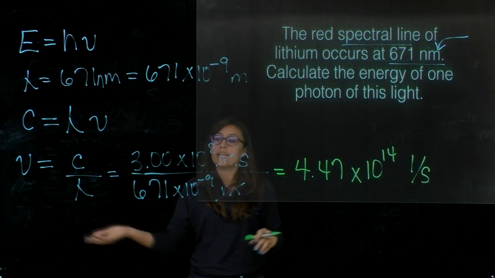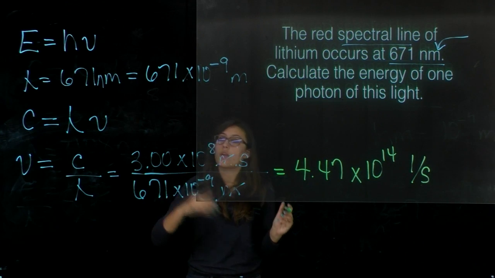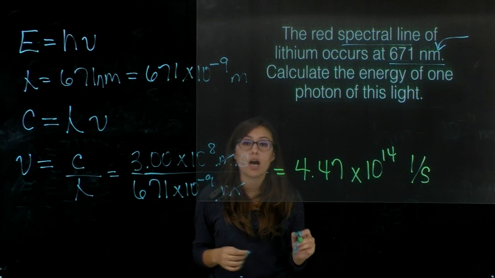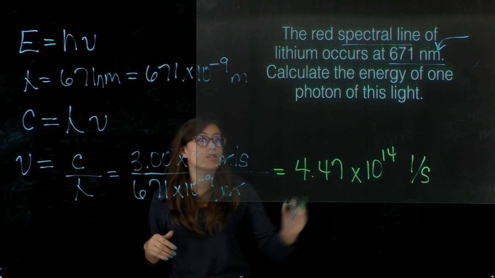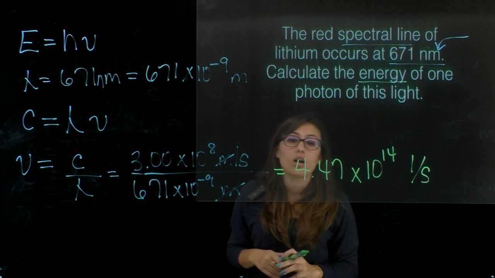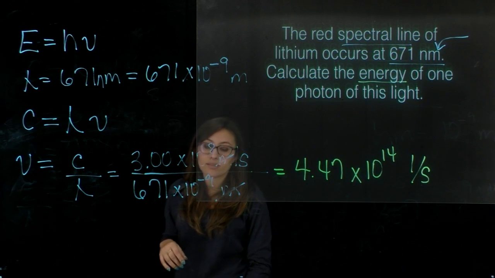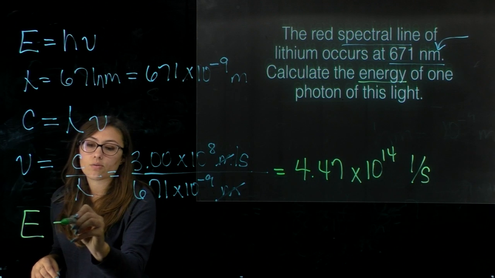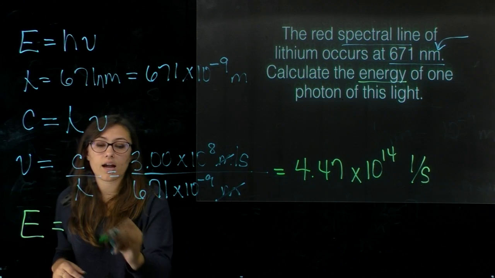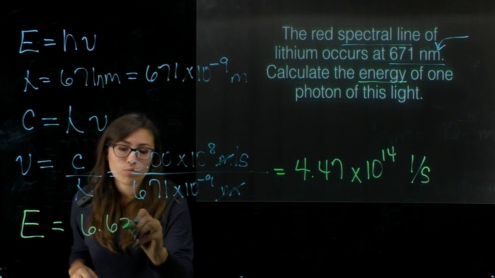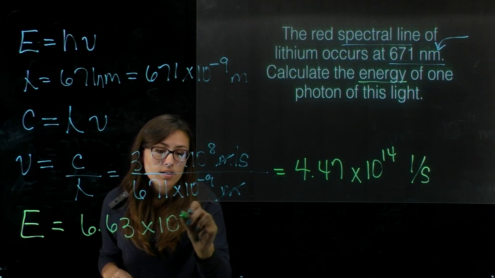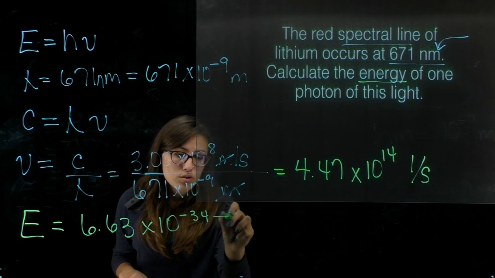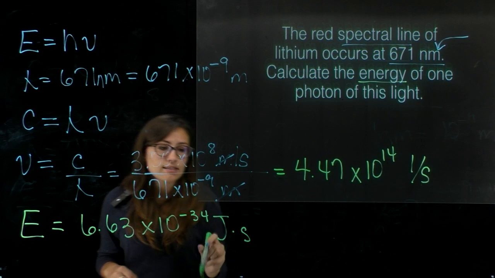Okay, perfect. Now that we have frequency, we can then plug this back into the equation up above and solve for energy, because we are calculating the energy of one photon of this light. So we have energy is equal to Planck's constant, and we know Planck's constant is 6.63 times 10 to the minus 34th joules times seconds.